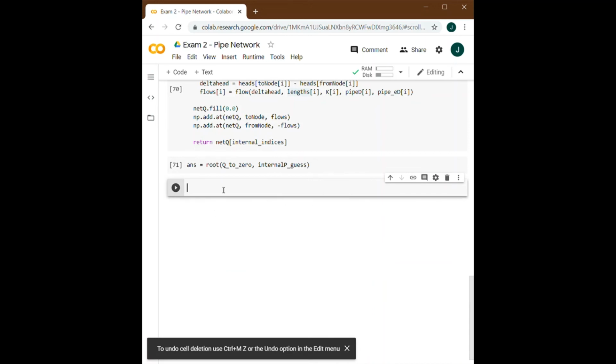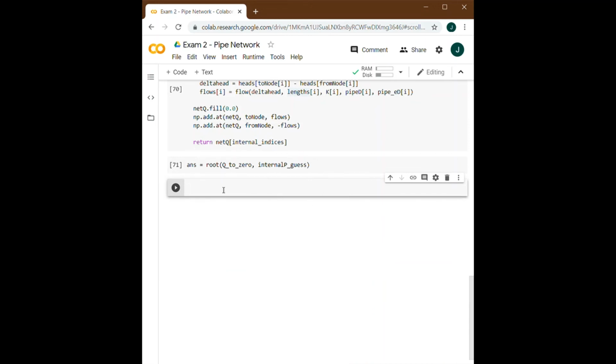So what we're going to do is print out our answers into a format that is a lot easier to read.